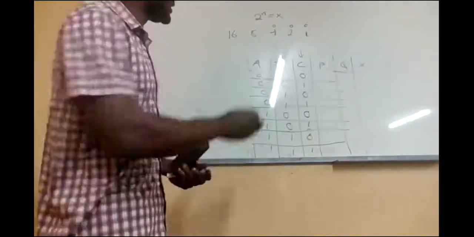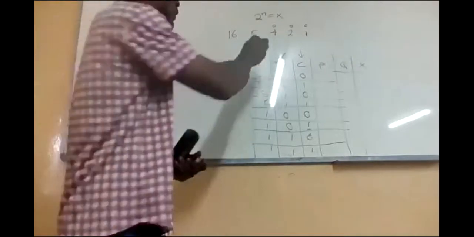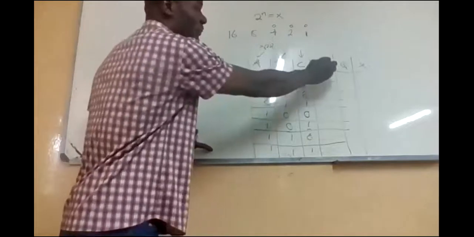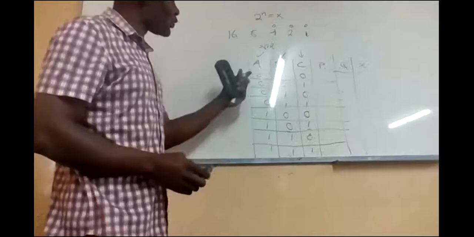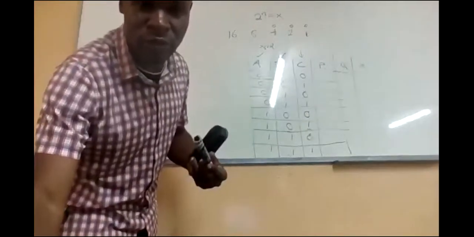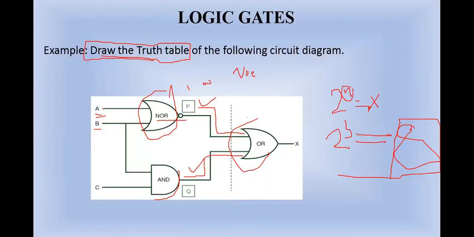And then the question is saying that we are looking at A and B, which is a NOR gate. So a NOR gate is going to produce a P. So we just look at A and B as in this question. Please don't get lost. As in this question, we are looking at A and B. They are the ones going into the NOR gate there.